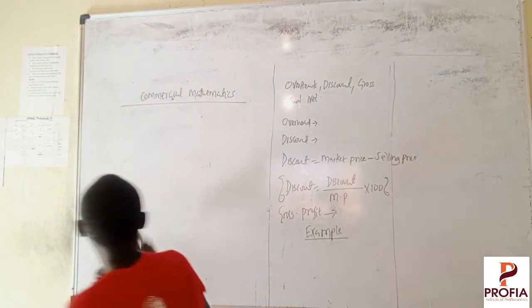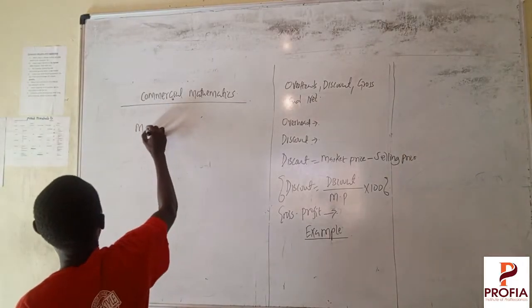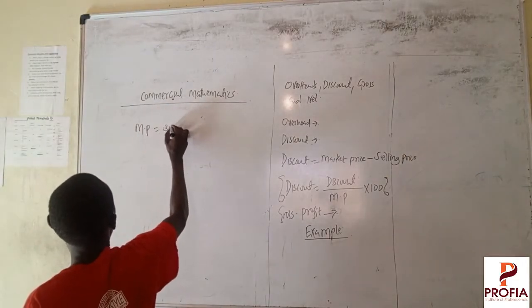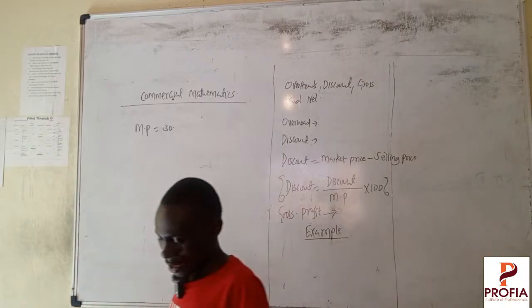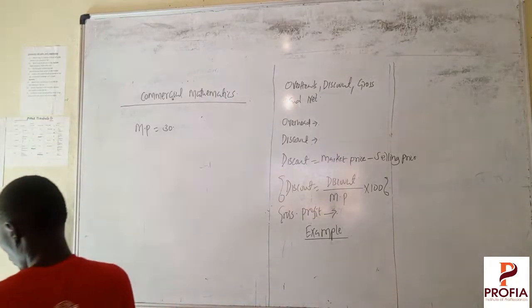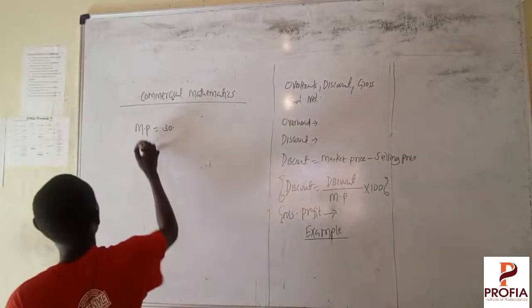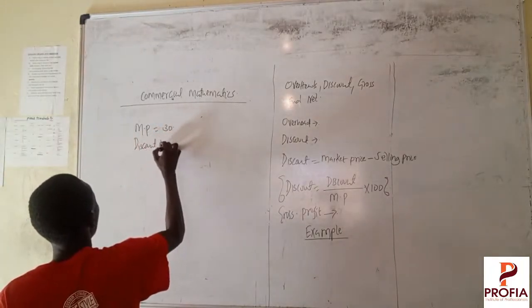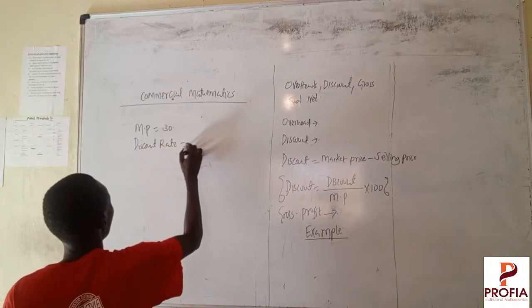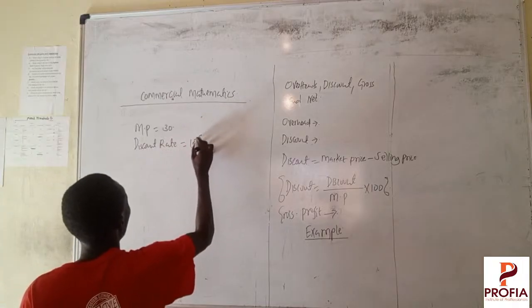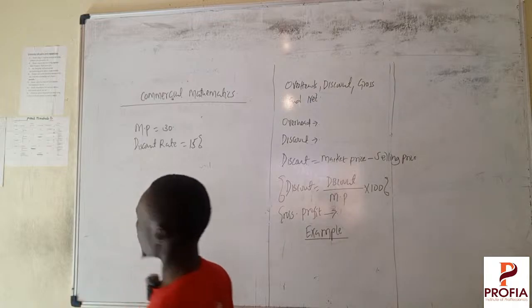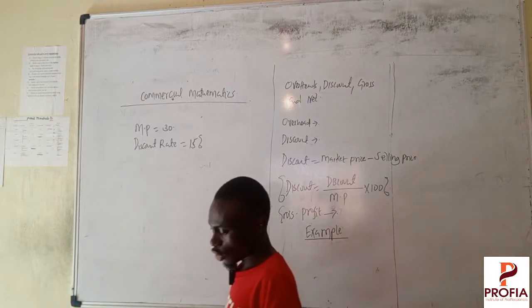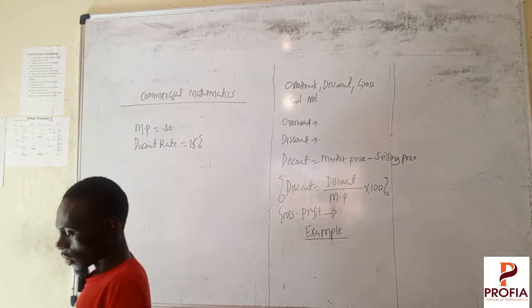The market price of the book is 30 shillings. Then we have the discount rate, which is 15%. And they wanted to calculate the discount allowed on the book.